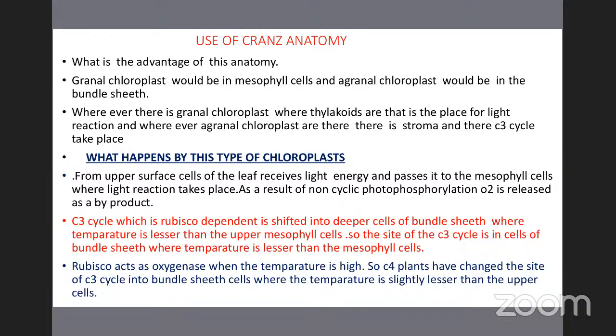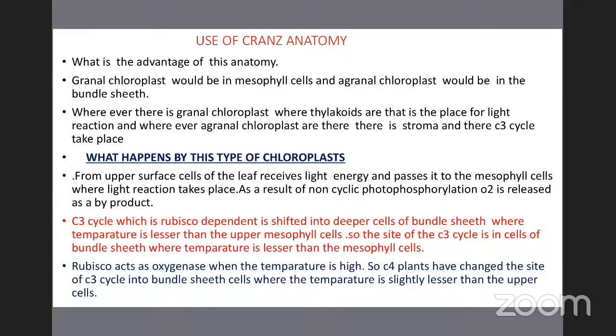And this oxygen comes out as a byproduct. That's why during photosynthesis, oxygen is released. We show it in the equation, isn't it? So this photolysis of water helps in replacing the electron loss in pigment system 2, and oxygen comes out as a byproduct. And then what about the protons?